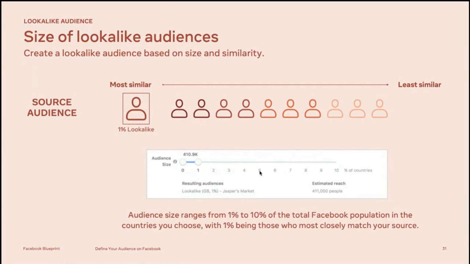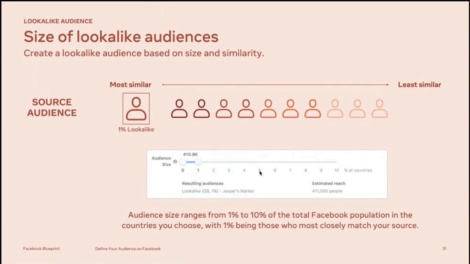What we generally see is that this is one step people tend to skip, ignore, or set up wrongly. So I wanted to tell you that the size is expressed on a scale from 1 to 10, which corresponds to the percentage of the population of a particular country that you want our system to match with your seed audience.